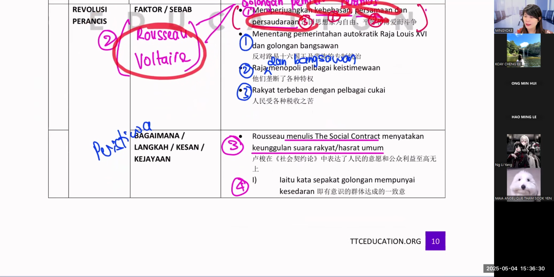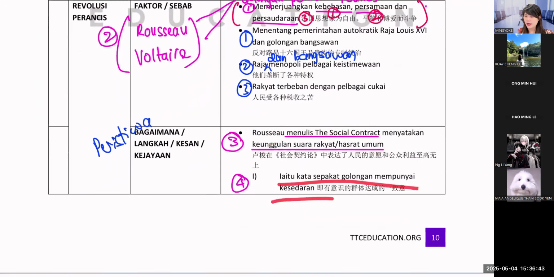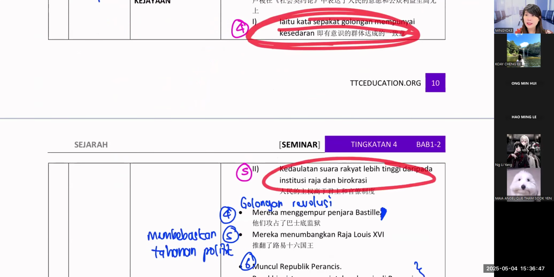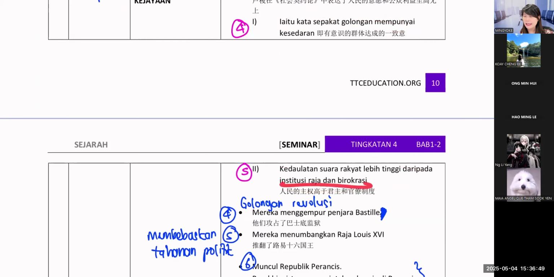And Rousseau, Voltaire, and then he wrote the Social Contract, talking about the glory, the superiority of the people's wish, people's voice. It talks about their awareness, and citizen sovereignty is higher than the king's institution, the government institution, this and that.